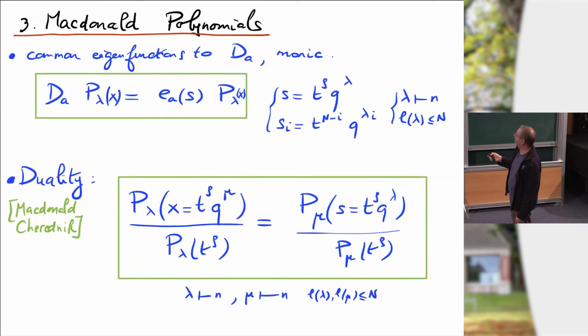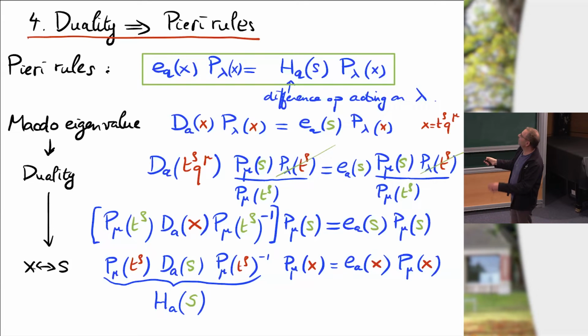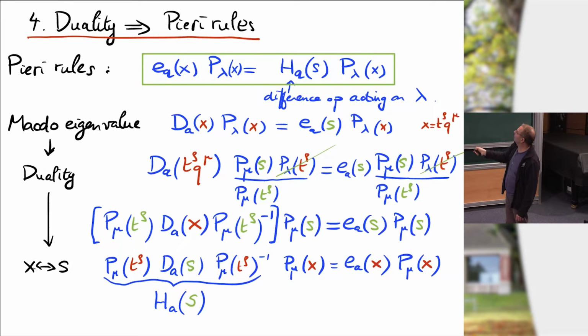So now I have P_mu, with the correct normalization. And I remultiply by this denominator, and I find that a certain conjugation of D_A by this denominator acts on P_mu in the same way as it did on P_lambda, multiplying it by E_A of S.